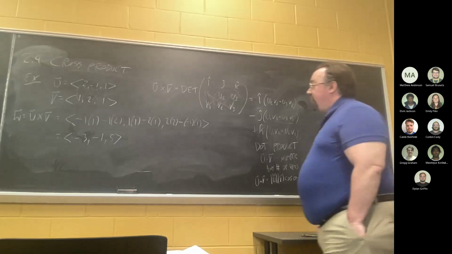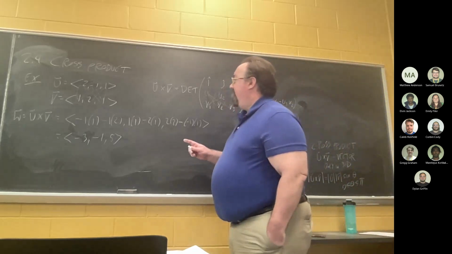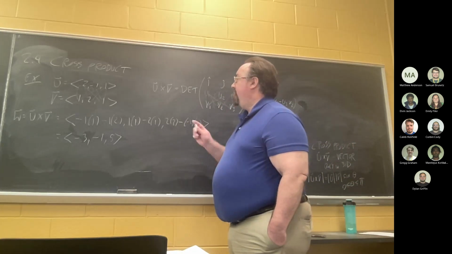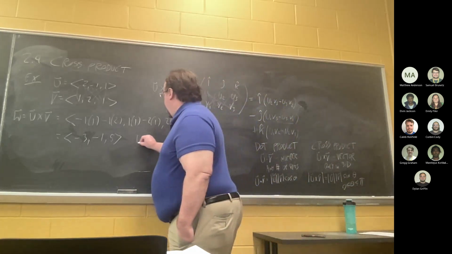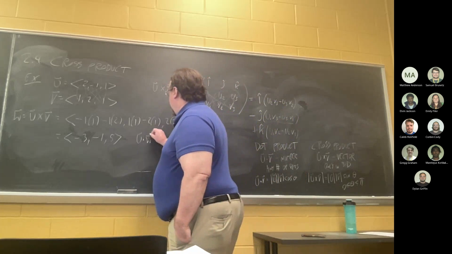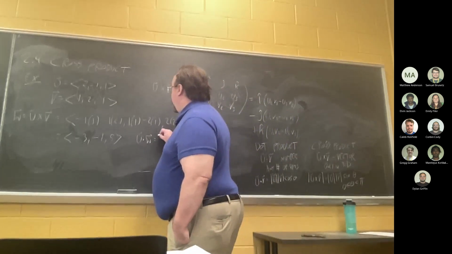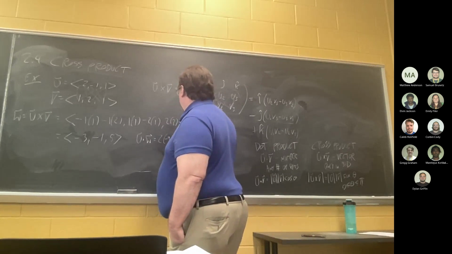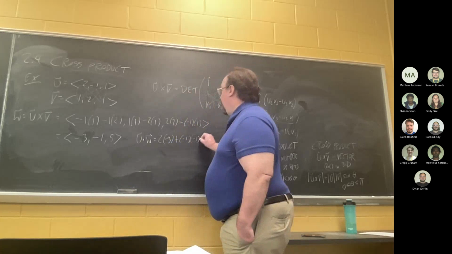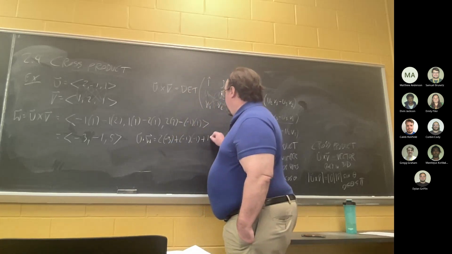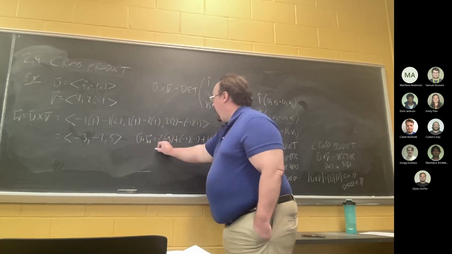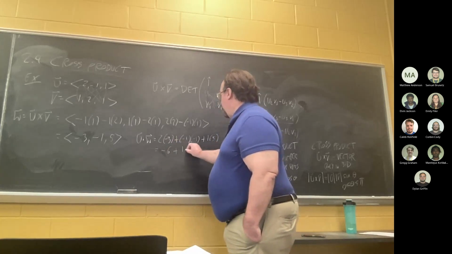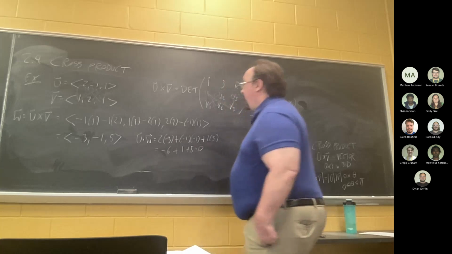Time permitting, it's a good idea to check that this vector really is orthogonal to both U and V. So U dot W: I'd have 2 times -3 plus -1 times -1 plus 1 times 5. So I get -6 plus 1 plus 5, which is equal to 0.